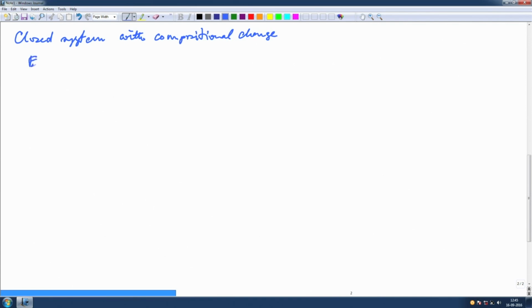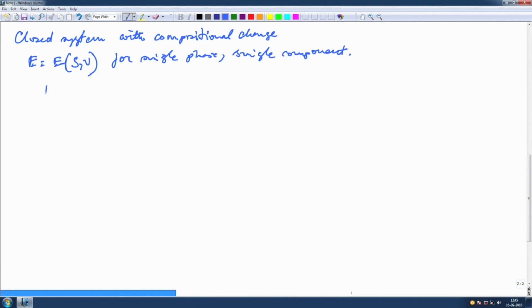Now, normally the internal energy will be a function of only two quantities, right. This is for single phase, single component. This we already know. But what happens when we actually have a compositional change?